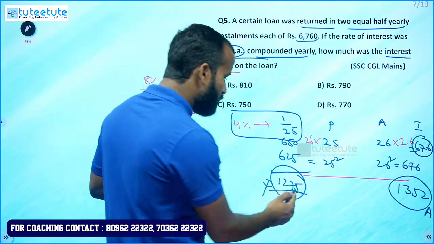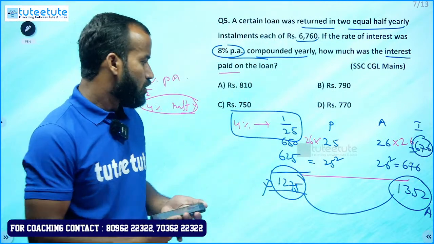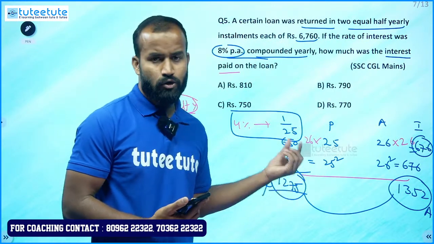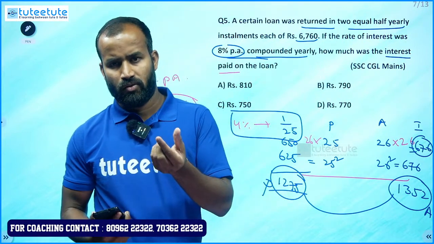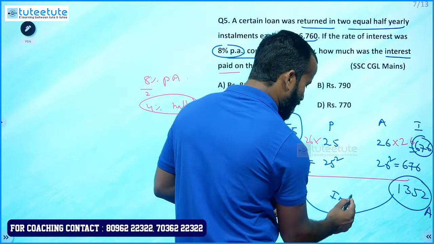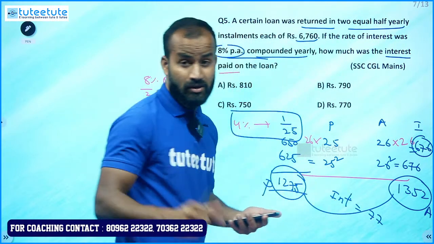Interest. Amount minus principal will be the interest. So 1352 minus 1275 will be 77. I am not writing compound interest. So 77 parts will be the interest.